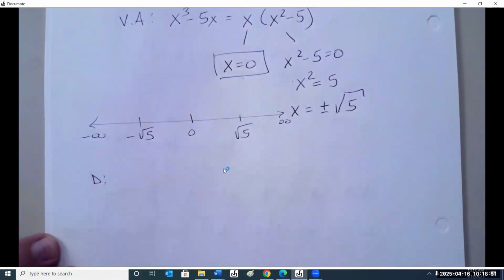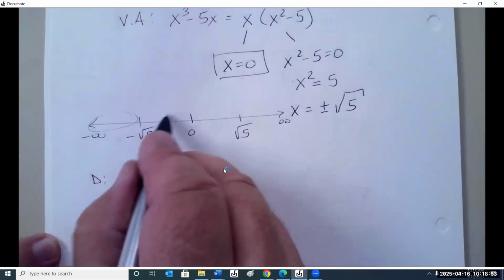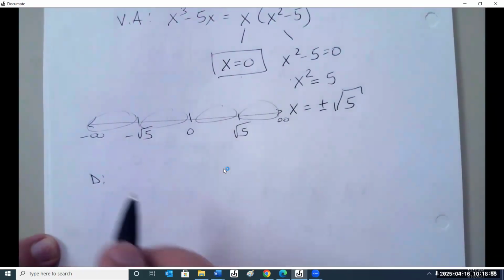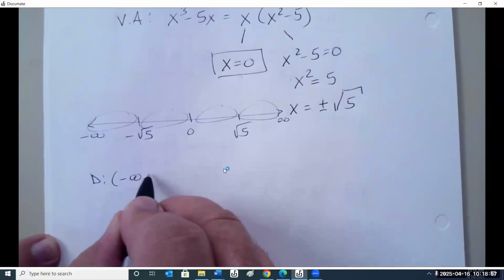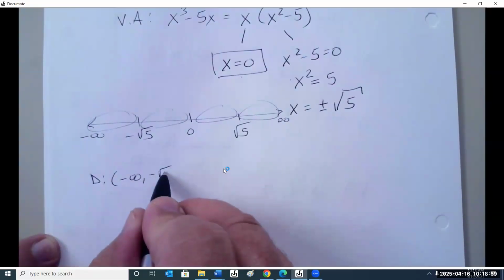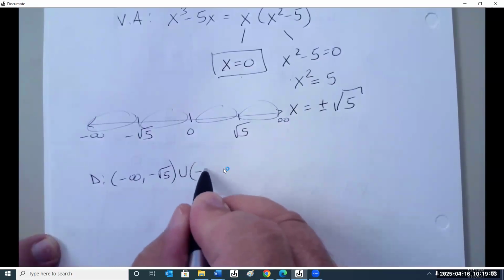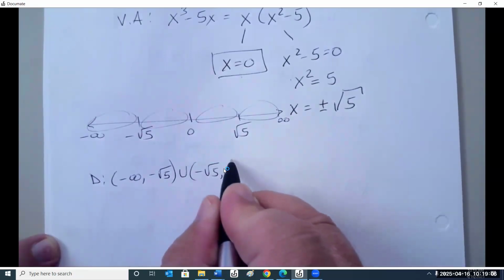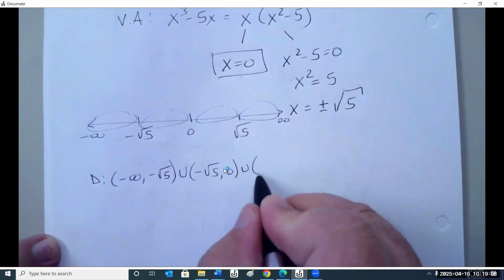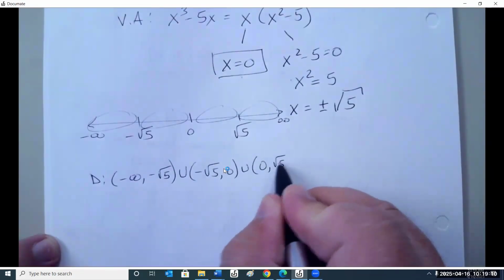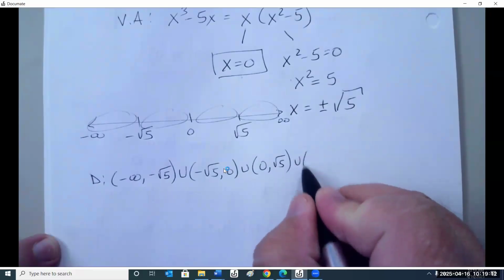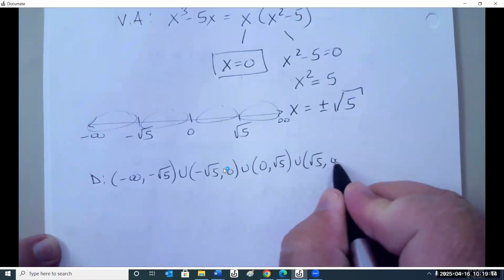So the domain is going to be these guys. Negative infinity to negative radical 5, union negative radical 5 to 0, union 0 to radical 5, union radical 5 to infinity.